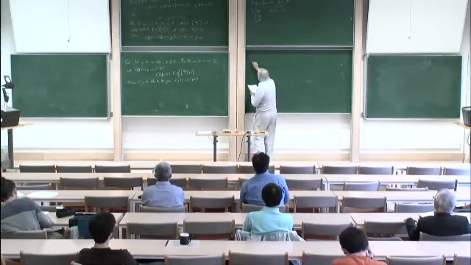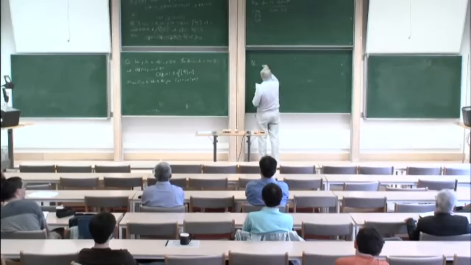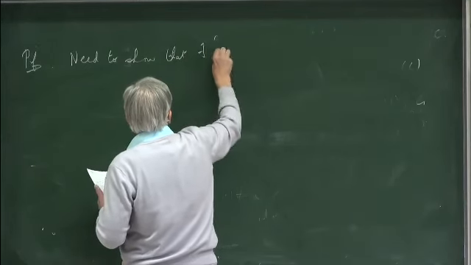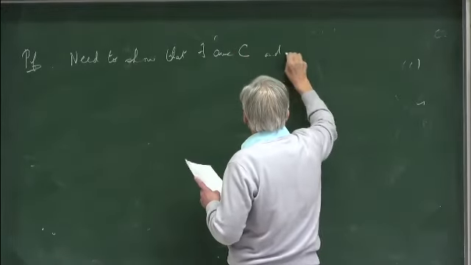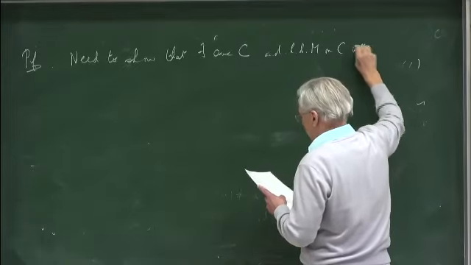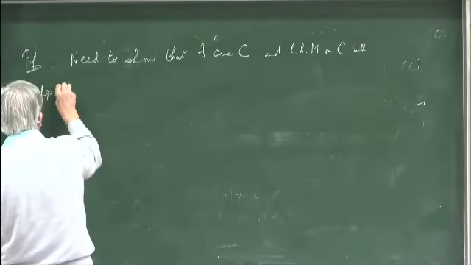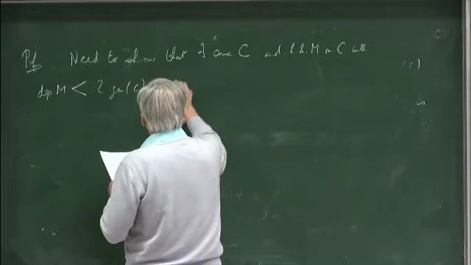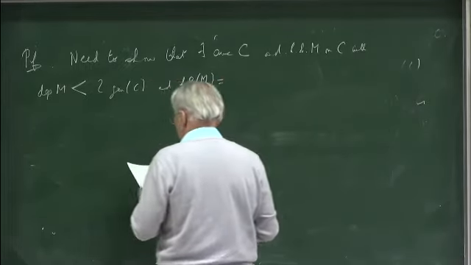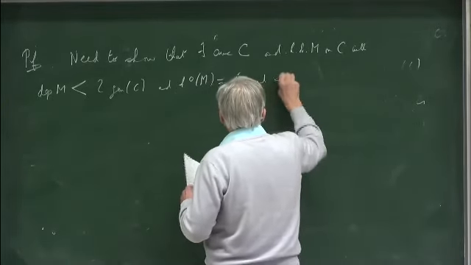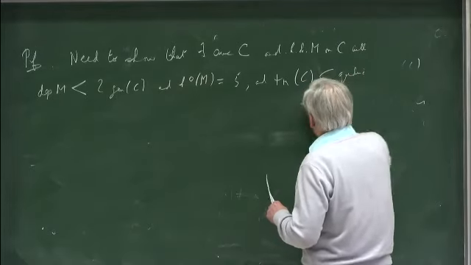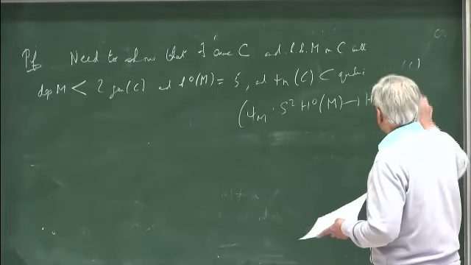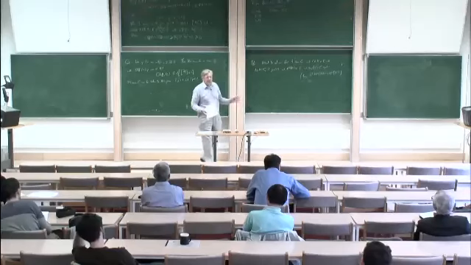According to the theorem from the previous section, it is sufficient to show that there exists a curve C and a line bundle M on C with the degree of M less than twice the Clifford index of C, and H^0(M) equals 5, and then psi_M(C) is contained in a quadric, where psi_M is the natural map from S^2 H^0(M) to H^0(M^2). So in order to apply the theorem from the previous section, this is what we need.